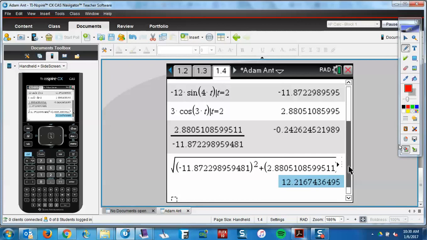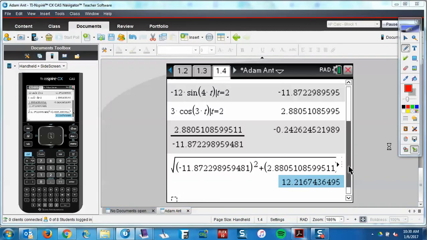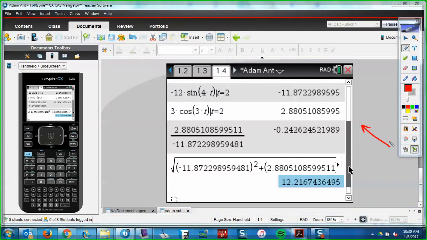Now, think about that. If it's going up and left, wouldn't that be a negative slope? It's going up and left. Now, is it going more up or more left? Number one, it's got a pretty small slope.